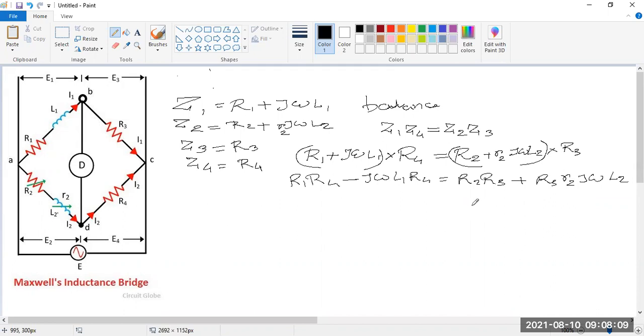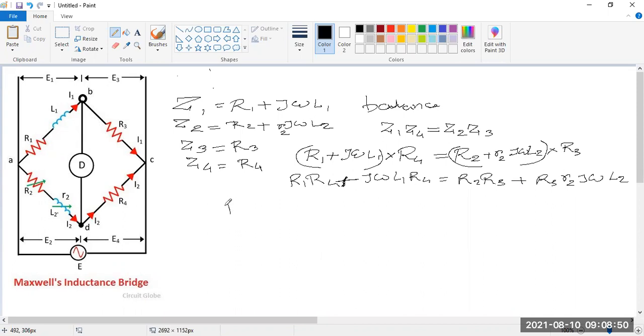Now we rearrange this, because we are going to separate the real part and the imaginary part. We bring the right side part to the left side.